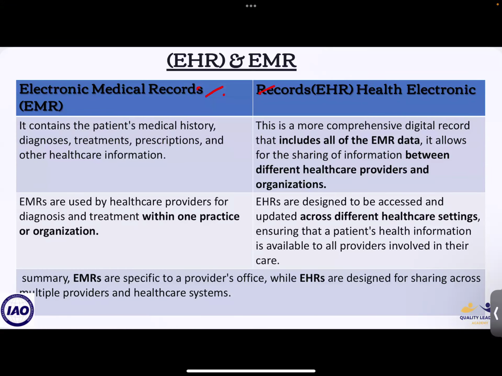For example, each patient has a separate medical file in each healthcare organization. But if we connect all the data and information related to a patient in one system, and this system is linked to all healthcare organizations, then it is called an electronic health record.